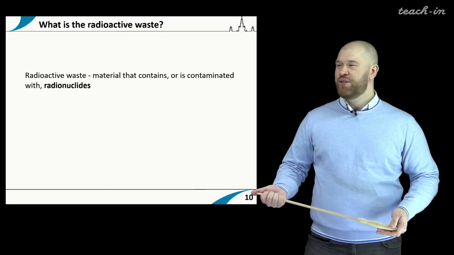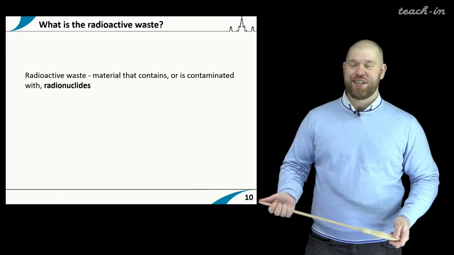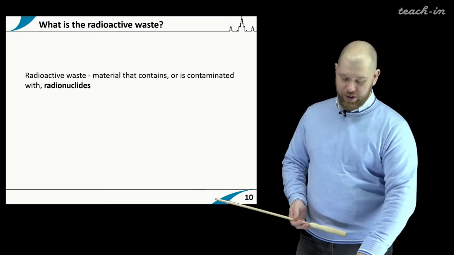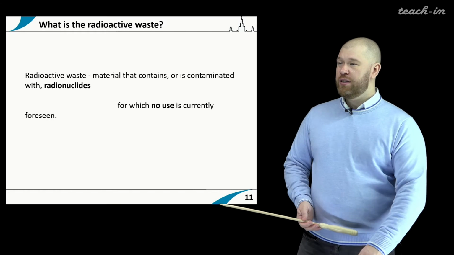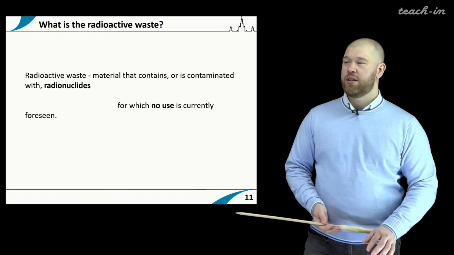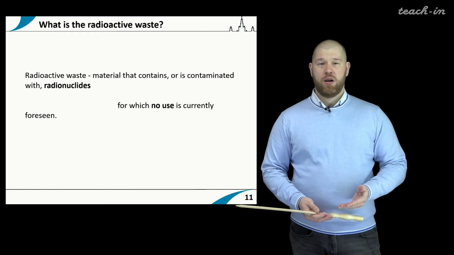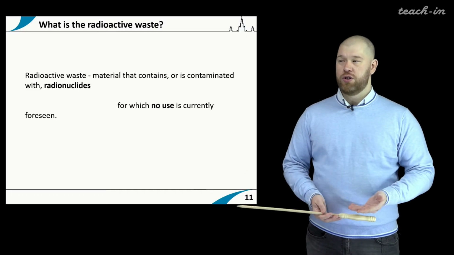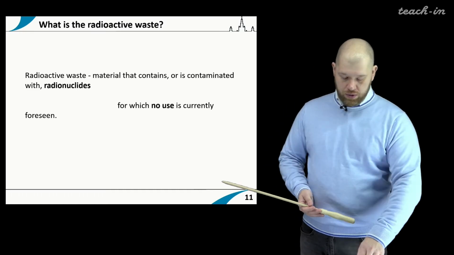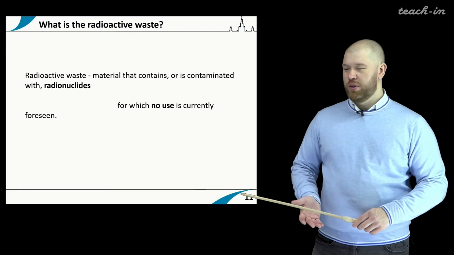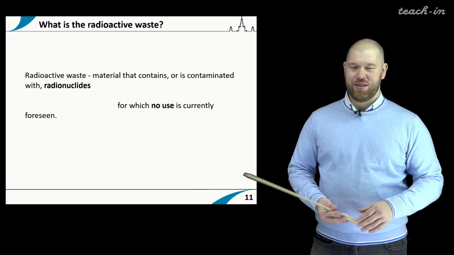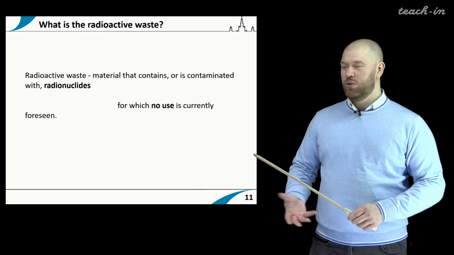So radioactive waste certainly contains some radionuclides. As far as it is waste, that means that there is no use for it with current technology. As with common waste, we call waste what we can no longer use.